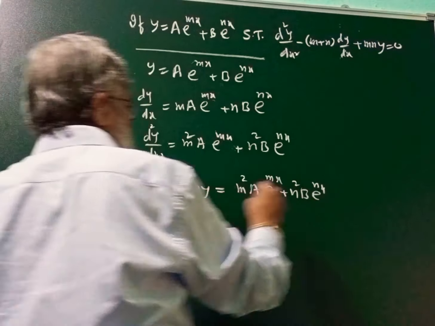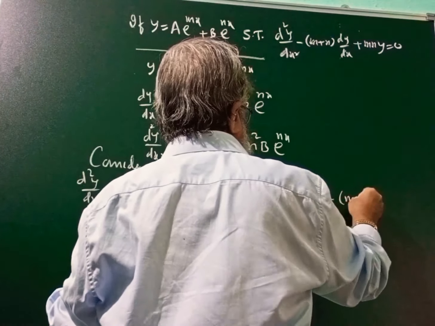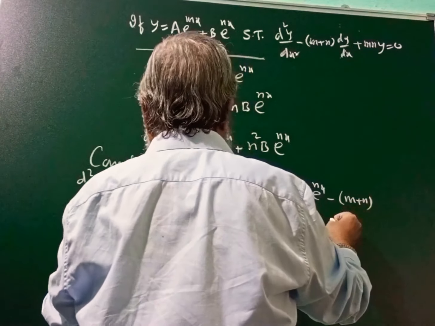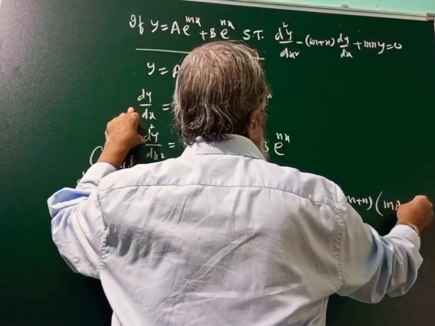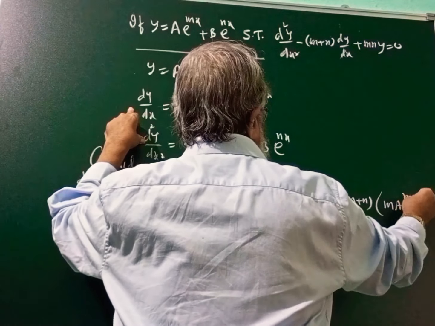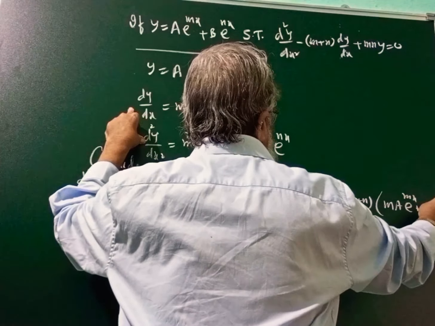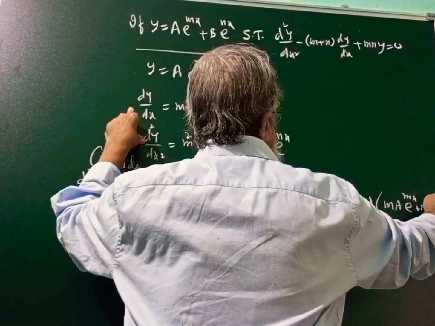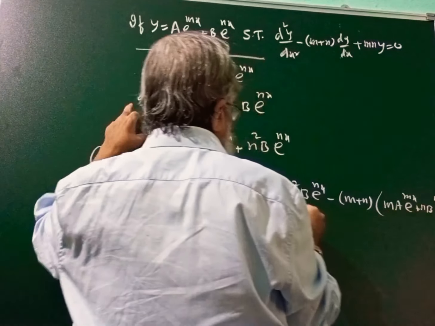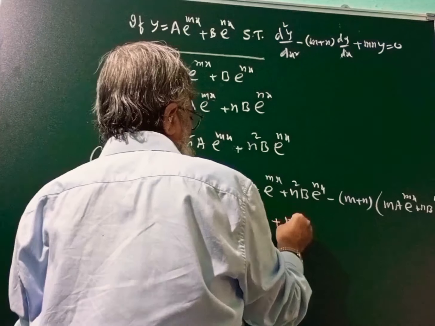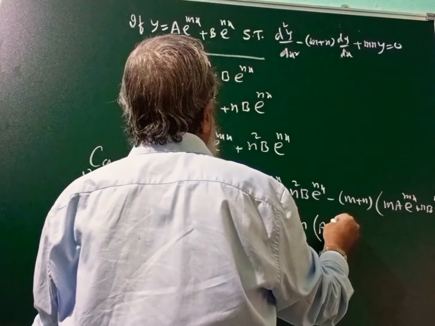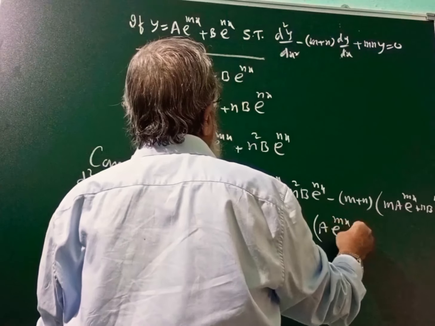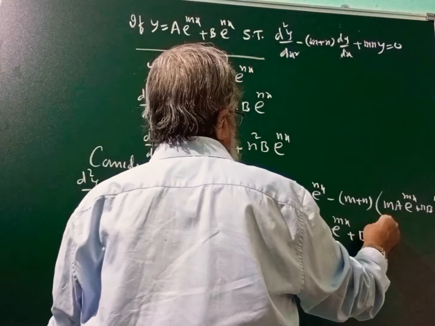This one minus m plus n into dy by dx, that is ma e raised to mx plus nb e raised to nx, plus mn into y. Y is a into e raised to mx plus b into e raised to nx.